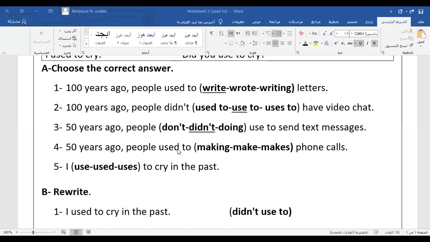Remember, Anas Abdurrahman, we use "used to" plus verb 1. Making has -ing, it is not verb 1. Makes has s at the end, it is not verb 1. So what is the correct answer? Used to followed by verb 1. What is verb 1?